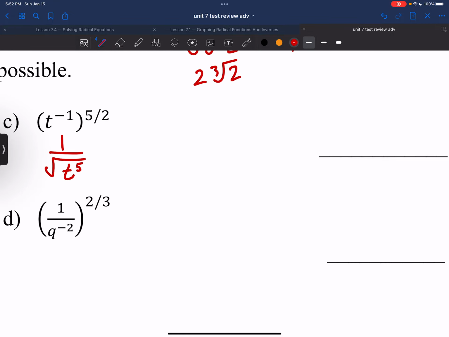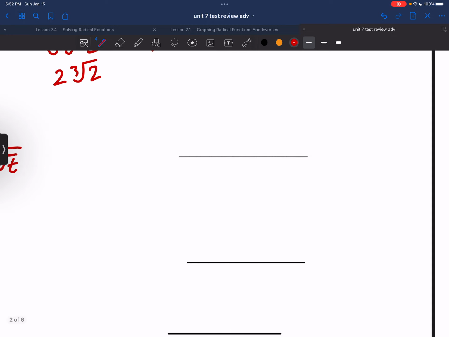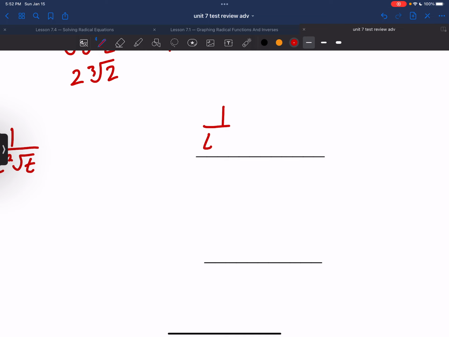So let's actually do that. This will be equivalent to 1 over t squared root t. If you want to make that your answer, you can say 1 over t squared root t.